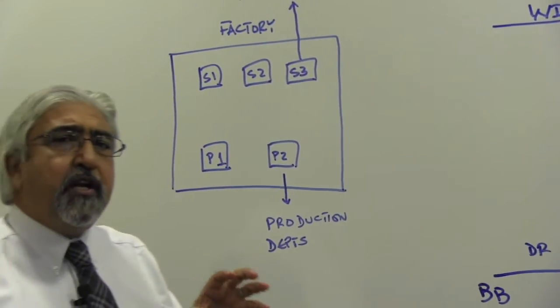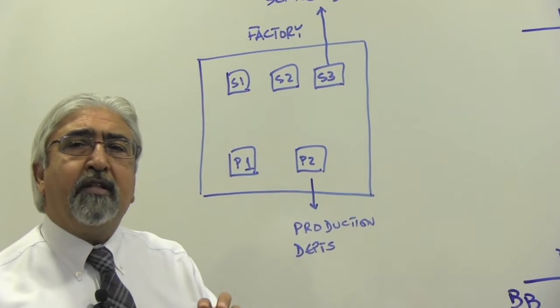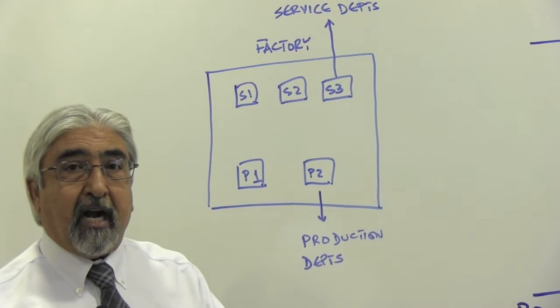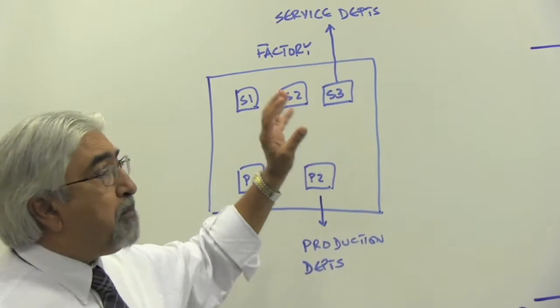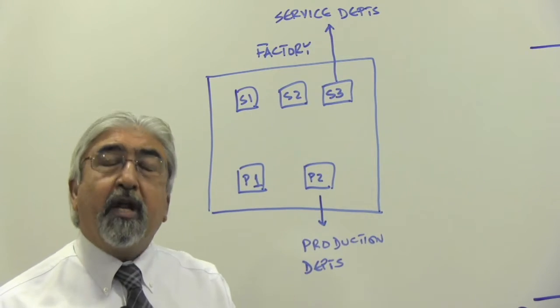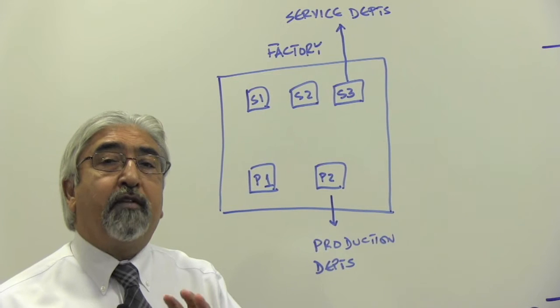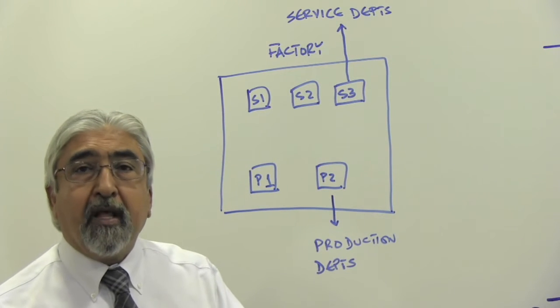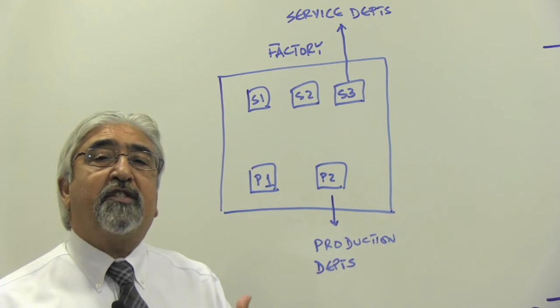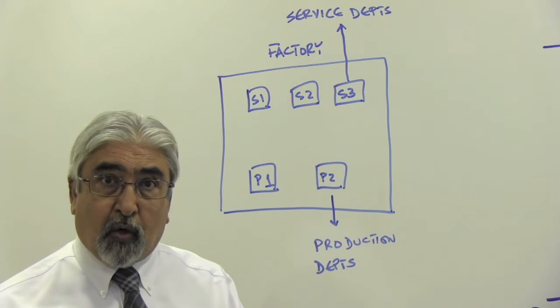The actual units are produced by work being done on them in the production departments. The service departments do not work on the units being produced, but they exist to support the work of the production departments.